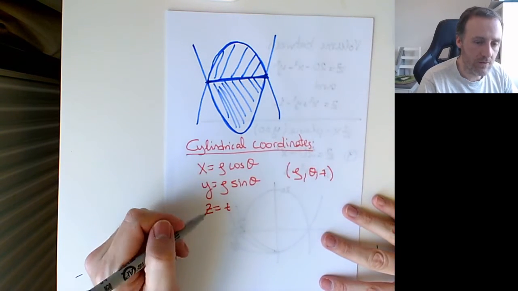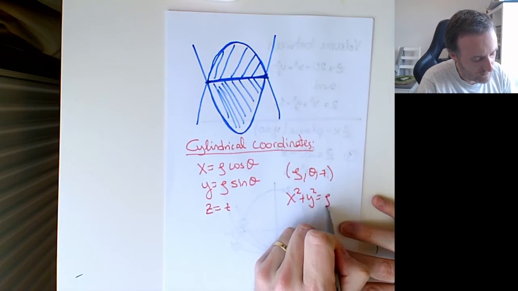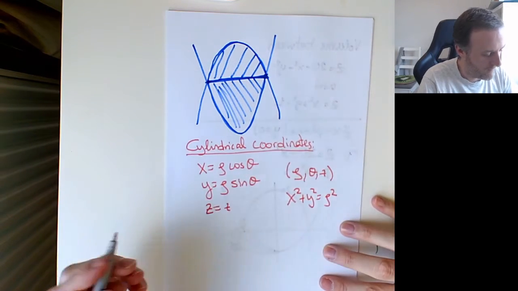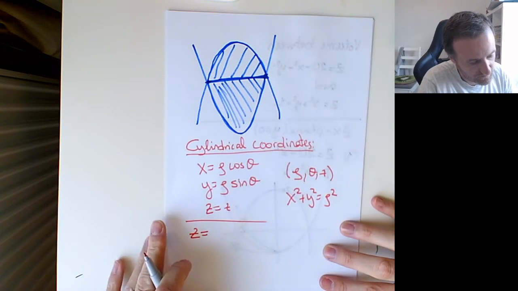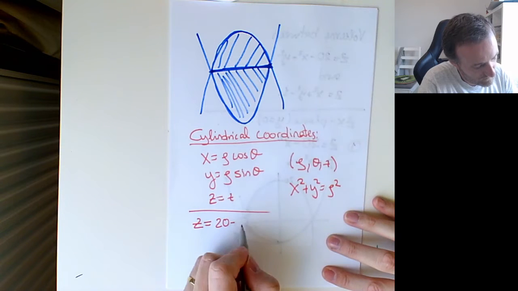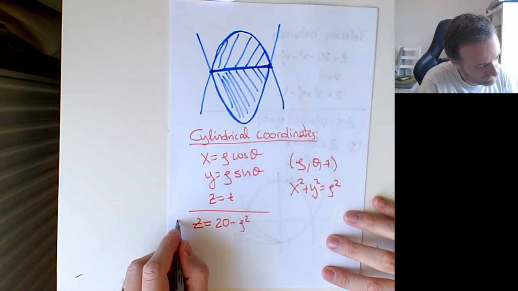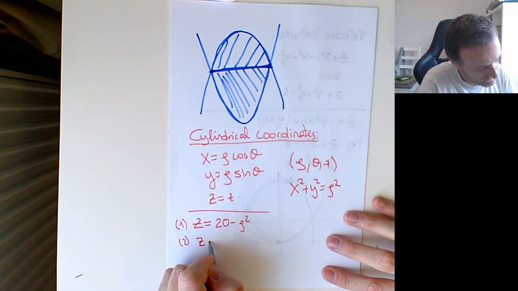Why are these so useful? Because x squared plus y squared is equal to rho squared. So in our case, the first paraboloid is z equal to 20 minus rho squared, and the second paraboloid is z equal to rho squared minus 1.